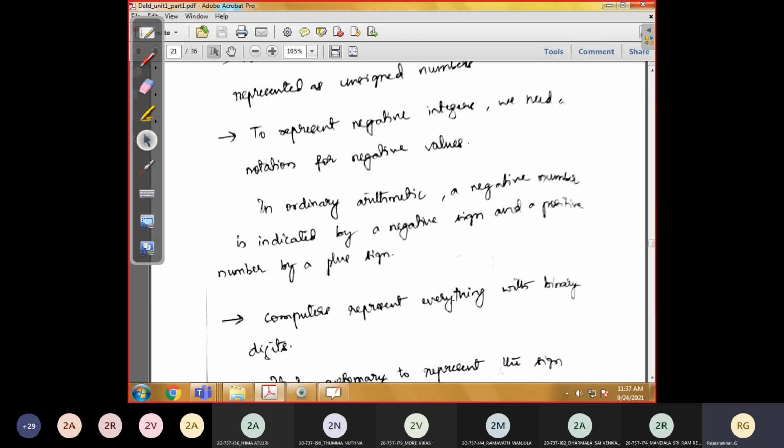There are different ways of representing negative numbers, right? Do you have any knowledge of how you represent negative numbers from your programming course?